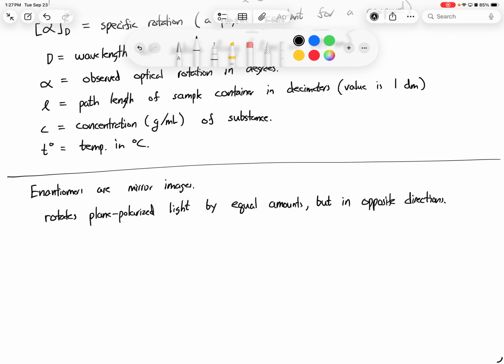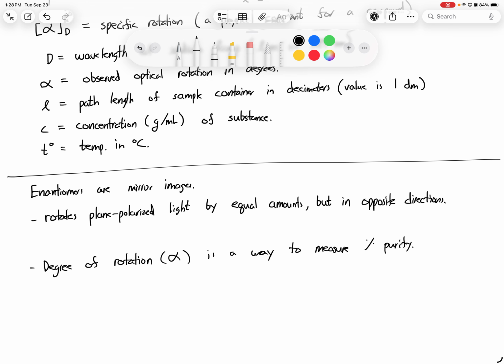So one thing we could do here is use polarimetry, so the degree of rotation is a way to measure percent purity, okay? So what do you think happens if you have a mixture of enantiomers?